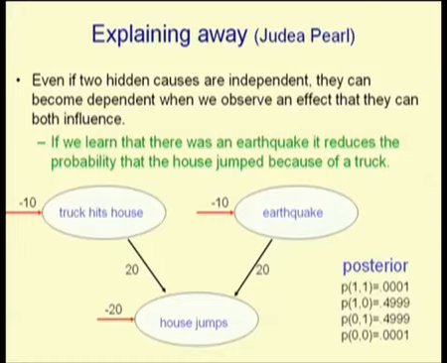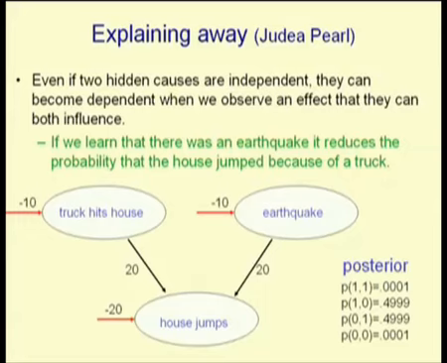So the posterior distribution over these hidden causes looks something like this, possibly with more 9s. The probability they both happened is very unlikely. This is given that you've seen the house jump. The probability they neither happened is very unlikely, because the house after all did jump. This might have happened, or this might have happened, and those each have a probability of about 0.5.